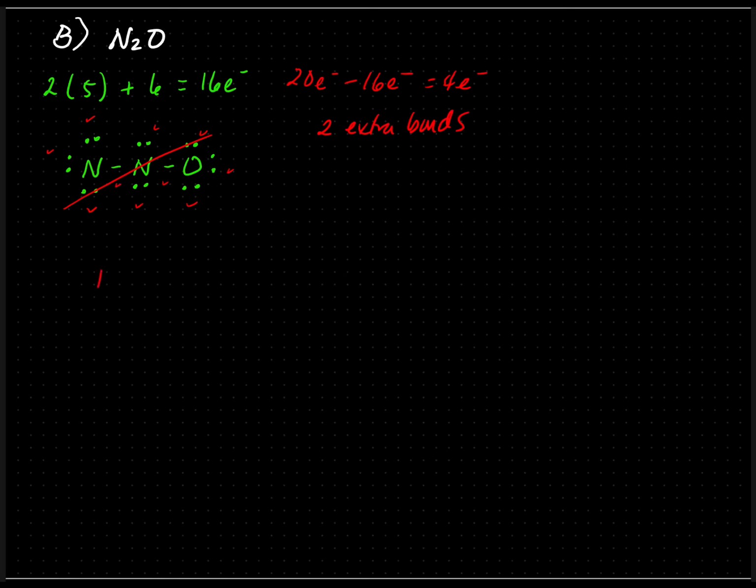So we're going to, again, start with NNO. I'm going to give 1 to each of the oxygens. I'm going to start with double bonds for both because each of them gets 1 extra bond here. So now the nitrogen on the left side has 2 bonds or 4 electrons, so it needs 4 more electrons or 2 pairs. The oxygen also has 2 bonds, so it can have 4 more electrons to fulfill the octet rule.